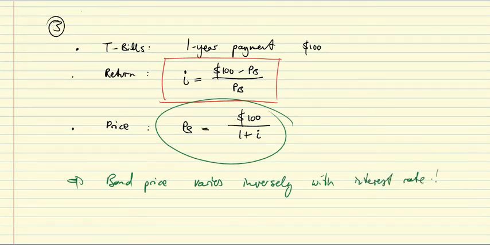If the interest rate rises, the bond price will fall, and vice versa. So if, for example, we have pressure on bond prices to fall, we can expect the interest rate to rise. Okay. So this is just a short overview of the financial market characteristics that we'll be working with going forward.